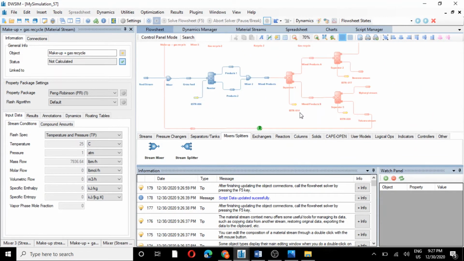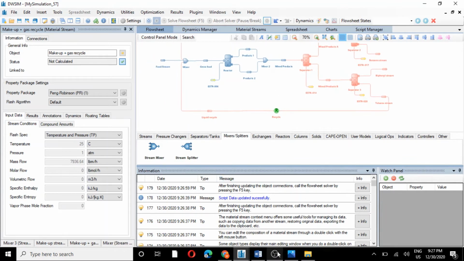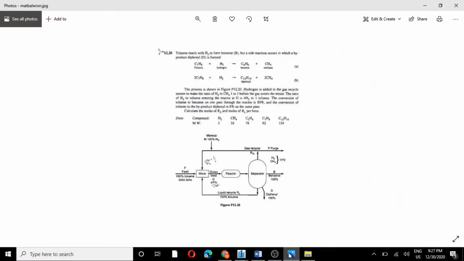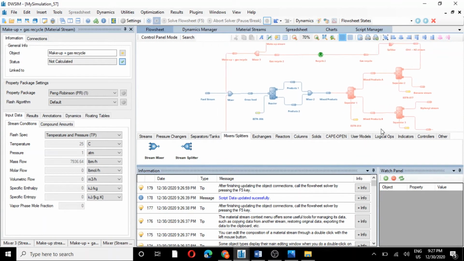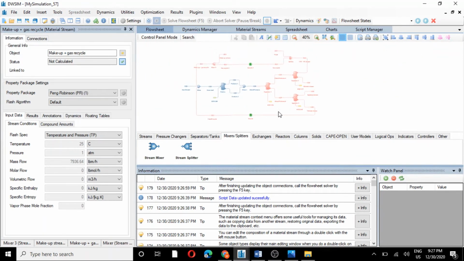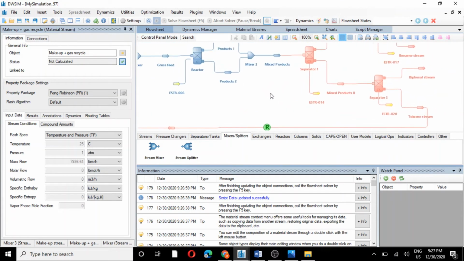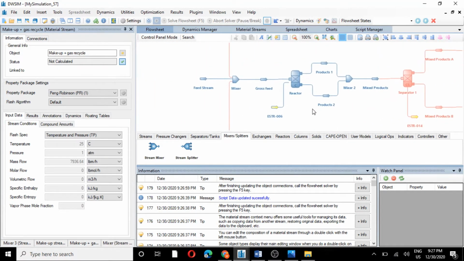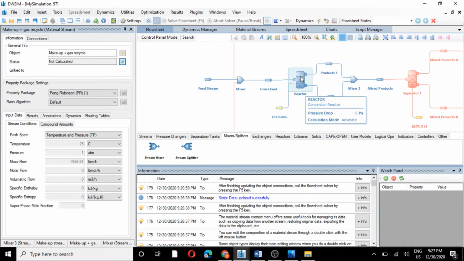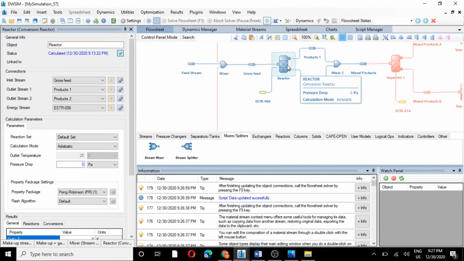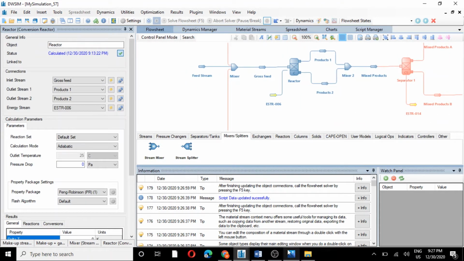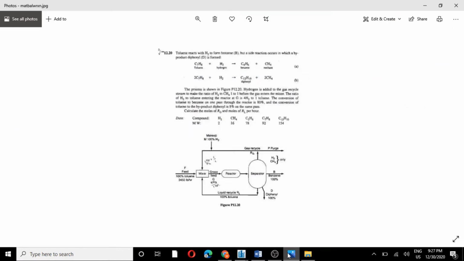Okay, so now we have our flow sheet. This one is our flow sheet for the material balance problem. For the specifics, first we have to go to the reaction where we will input these two reactions.